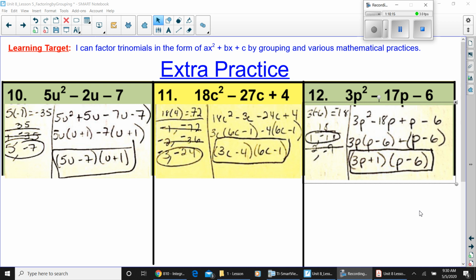And number 12, hopefully you got 3p plus 1 times p minus 7. Again, 3 times negative 6 is negative 18, and you have to find two factors that multiply to negative 18 but that add to negative 17, and that's easy. That's an easier problem. Negative 18 plus 1 equals negative 17. Factor out, you get your final answer.